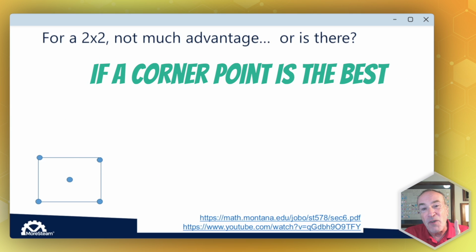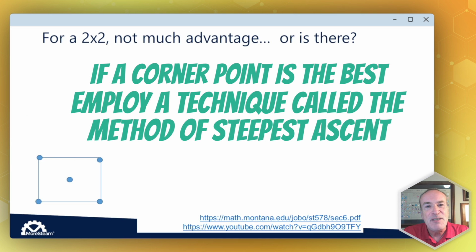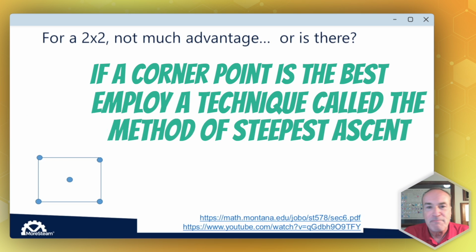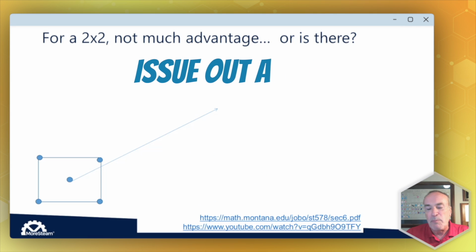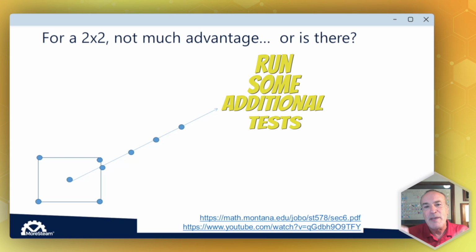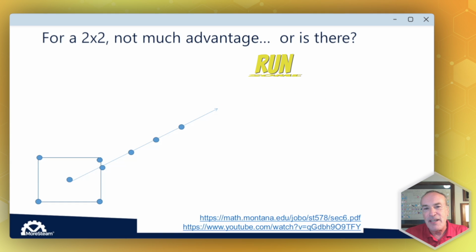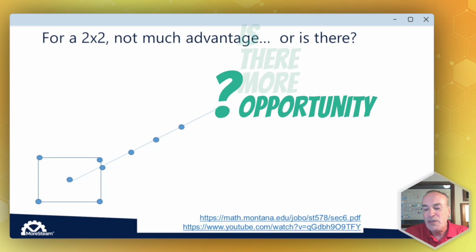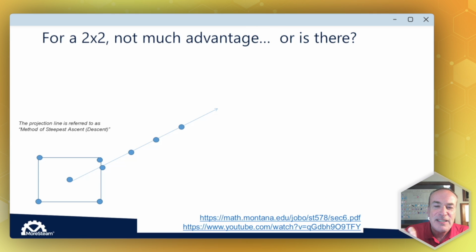But if a corner point is the best, we employ a technique called the method of steepest descent. And if that is way over our heads, not a problem. We issue out a projection from that experiment and run some additional tests outside that box to ask, is there more opportunity outside that box? It's called the method of steepest descent.